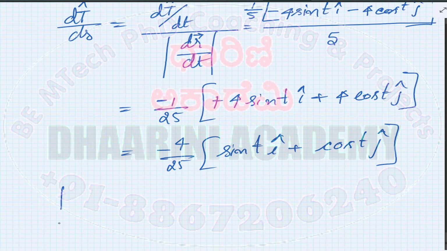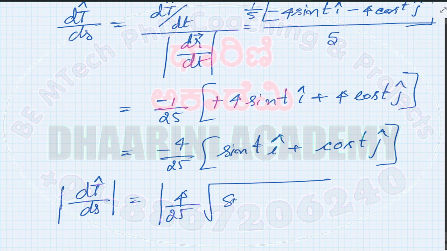Therefore, the magnitude of dT by ds is 4 by 25 remaining outside, times the square root of sine square t plus cos square t. I know that sine square and cos square t sum is 1. So the magnitude of this is simply 4 by 25.